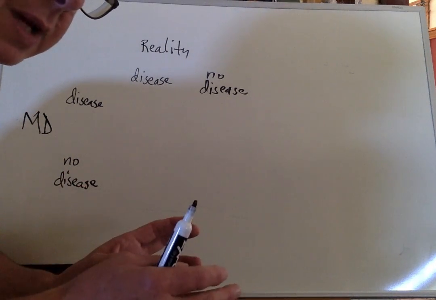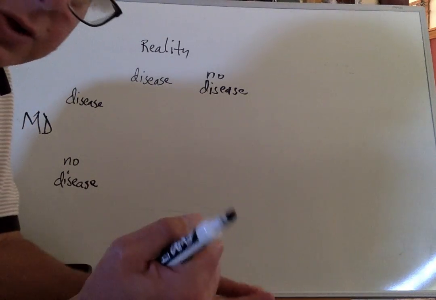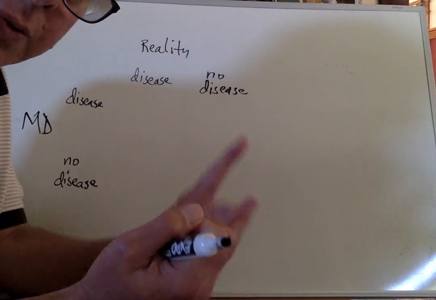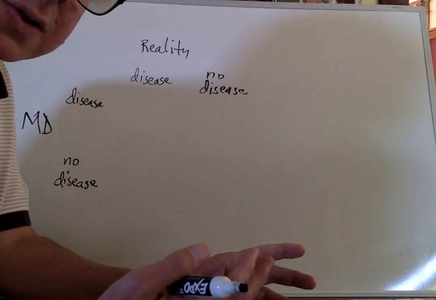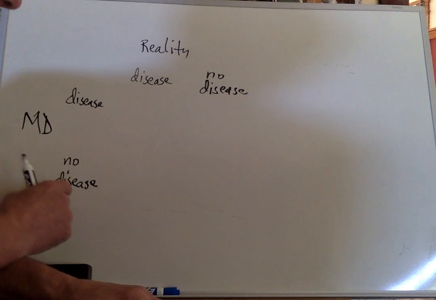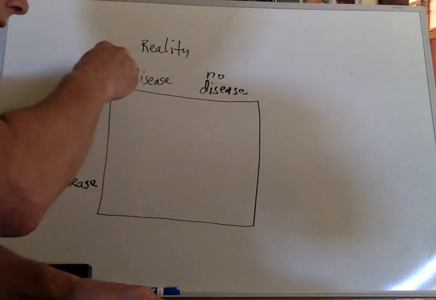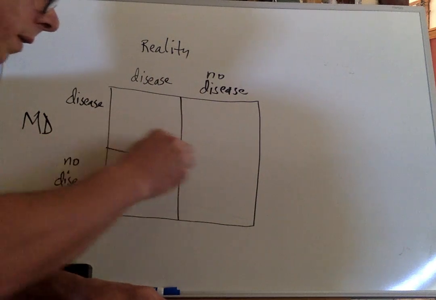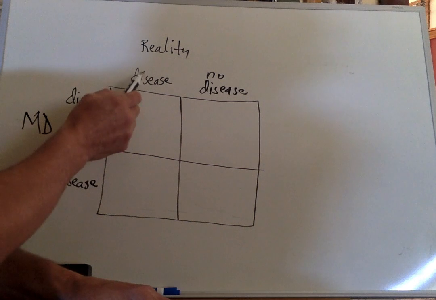And how does the doctor make the diagnosis? Based on data. What's your body temperature? What's your blood count? What is your blood pressure? What are your symptoms? And so on. And then they'll make this decision. Here we go. The doctor thinks that you have the disease, and you really do.